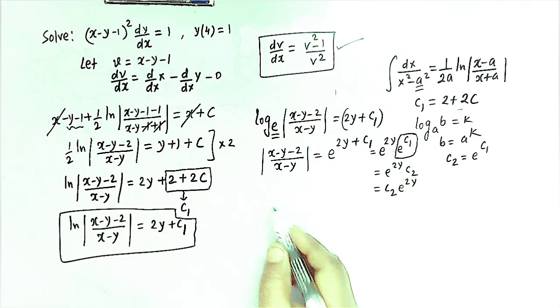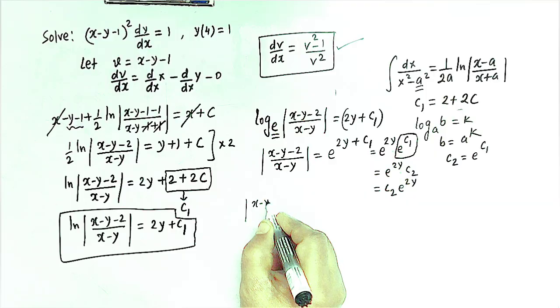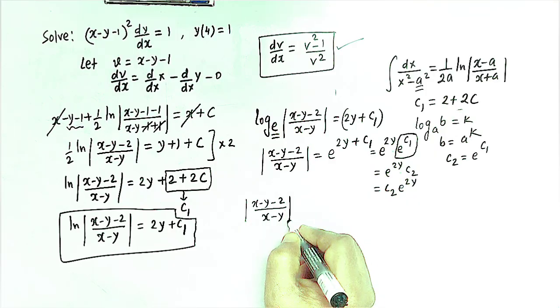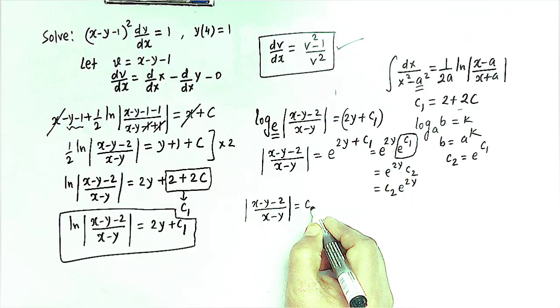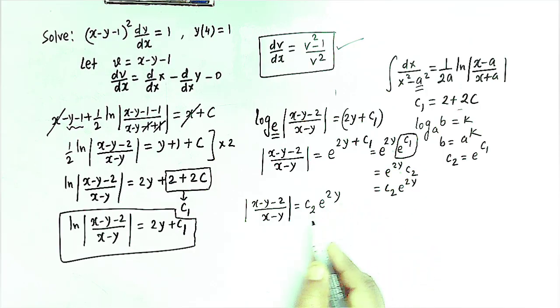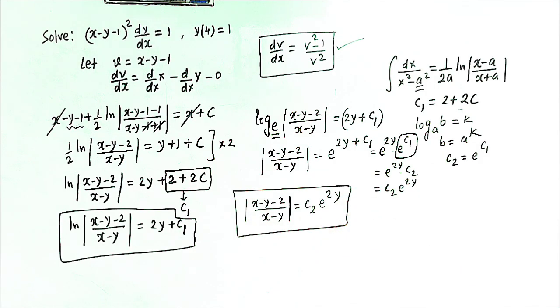So now we can also write the general solution of this differential equation as mod of x minus y minus 2 over x minus y is equal to c2 times e raised to 2y, where c2 is some constant.